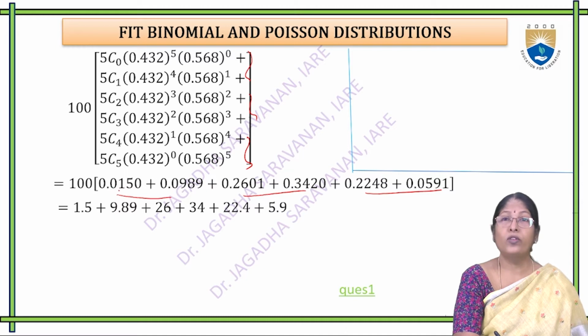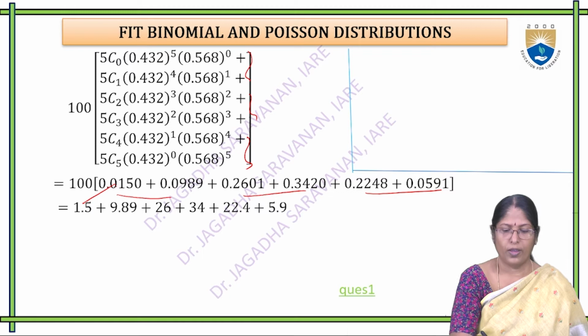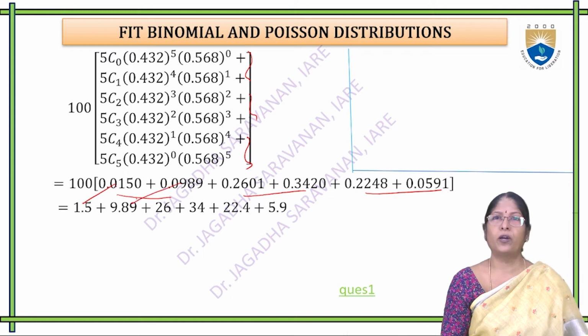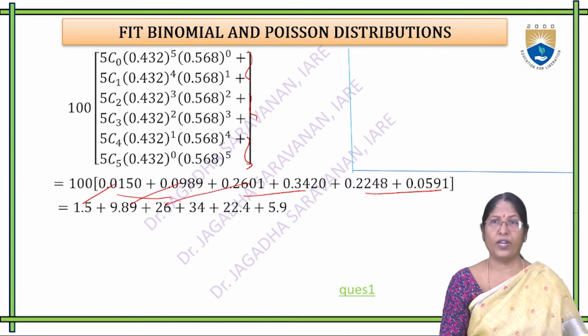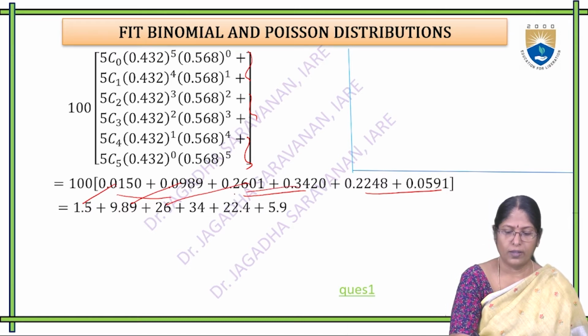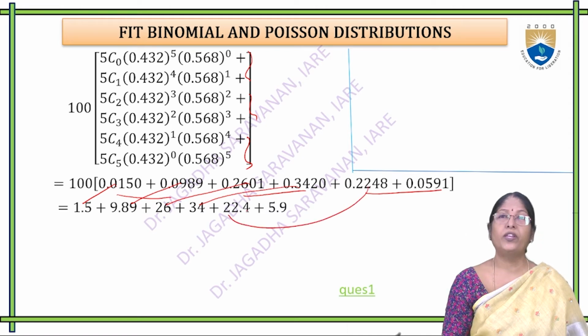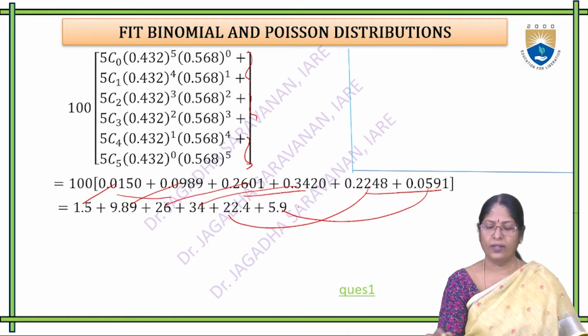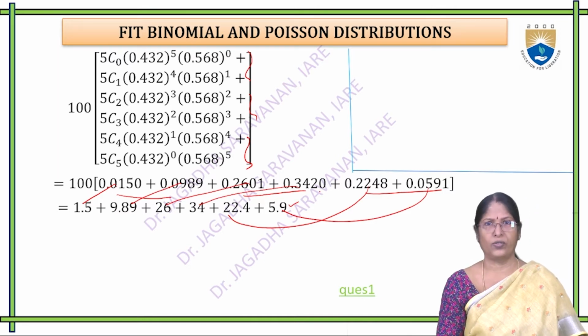So 0.015 has become 1.5, this has become 9.89, this has become 26, this 34 and 22.4. The last one is 5.9. That is, each of the term values is multiplied by 100. We obtained this result.